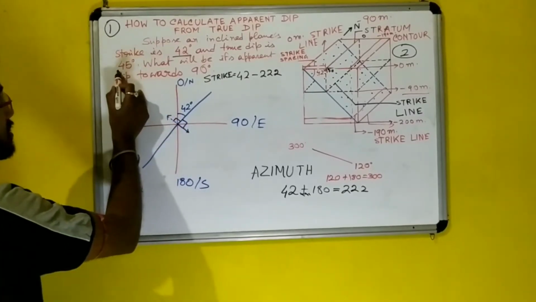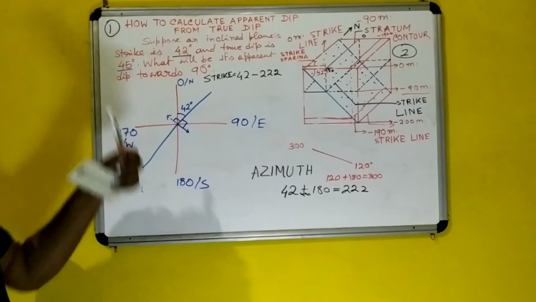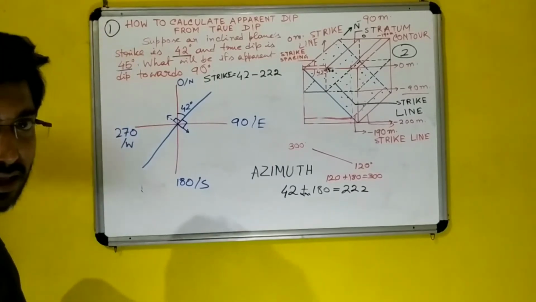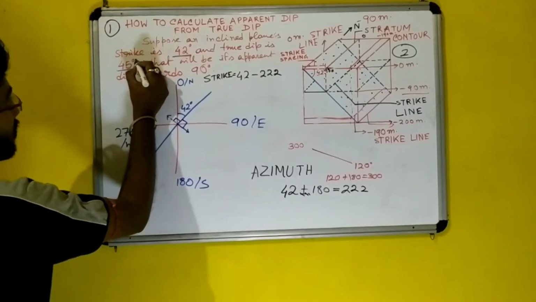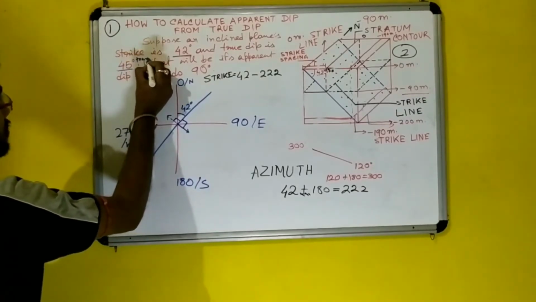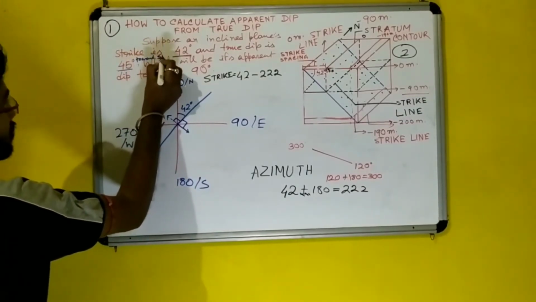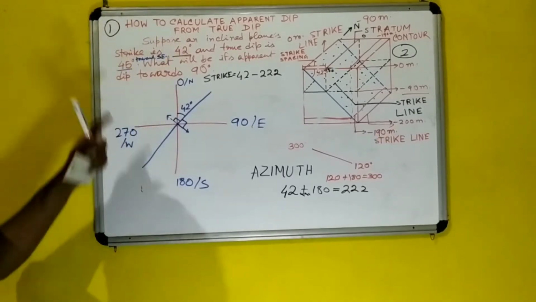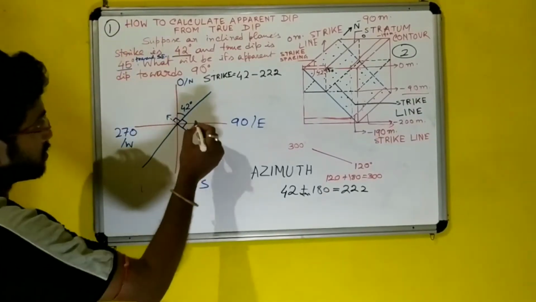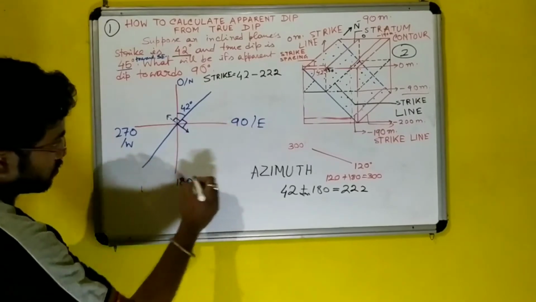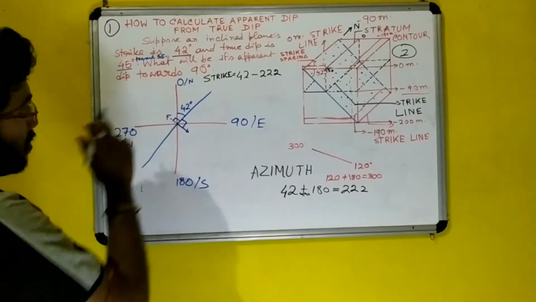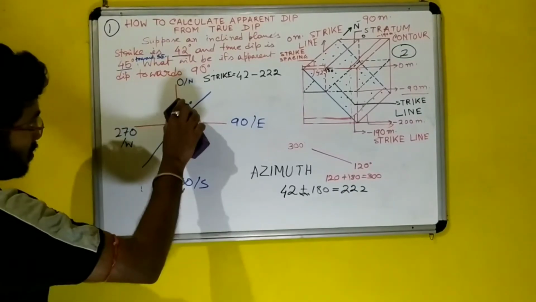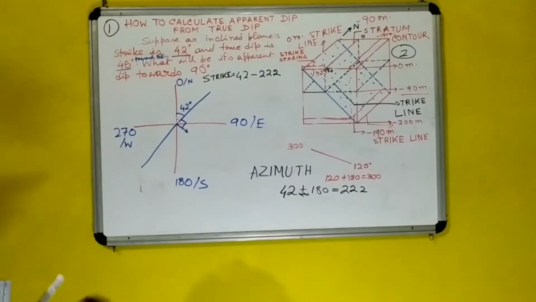If I only say 45 degree true dip, this information will be incomplete. So we have to write 45 towards southeast. Suppose 45 degree towards southeast. Southeast means in this quadrant, the southeastern quadrant. So now we have confirmed that this is the true dip direction.